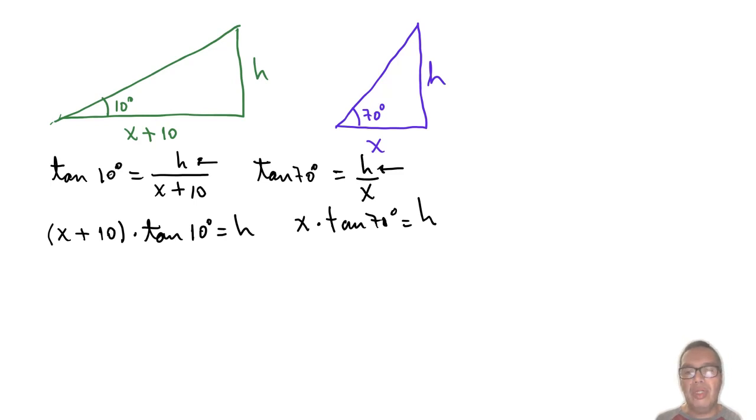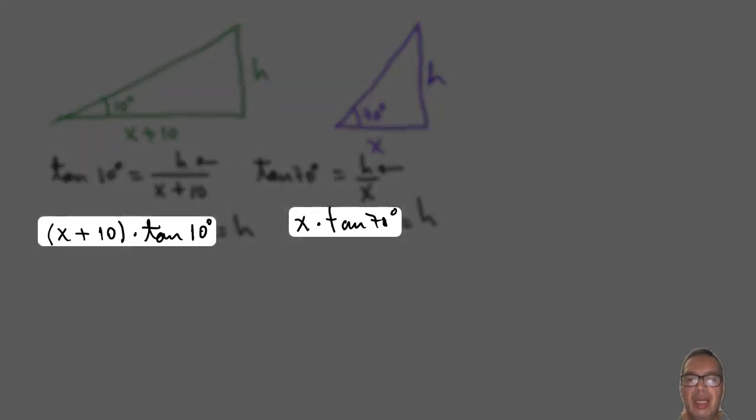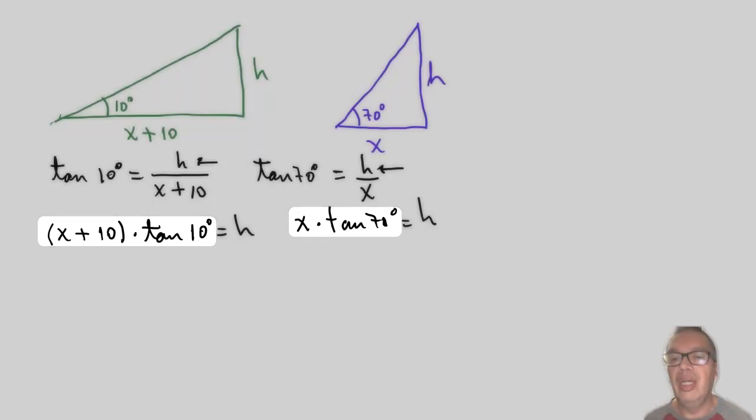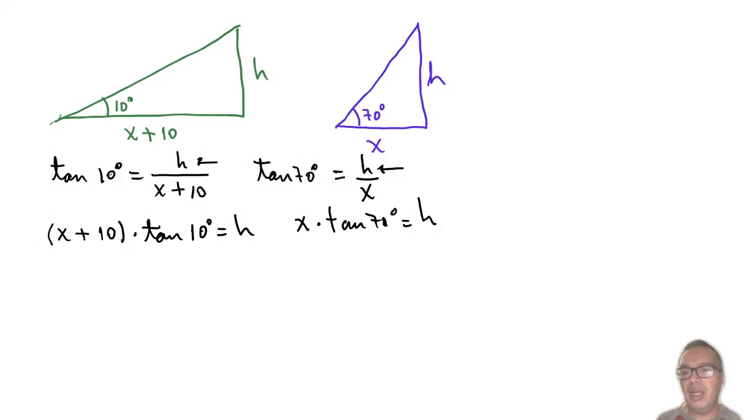Remember, you don't really want to solve now, because if you set the left-hand sides equal to each other, then you're going to find x. But you don't want to find x, you want to find h. So you want to solve this for x. So x plus 10 is equal to h divided by the tangent of 10 degrees.